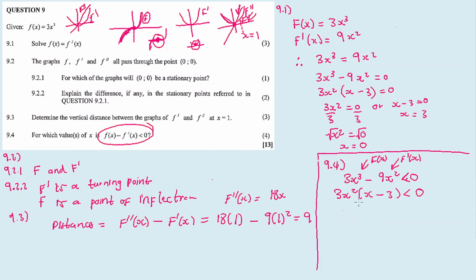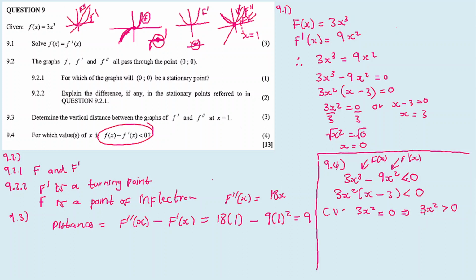So now look at my zero factor law, or rather our critical values. It's 3x squared equal to 0. But in fact 3x squared is greater than 0.